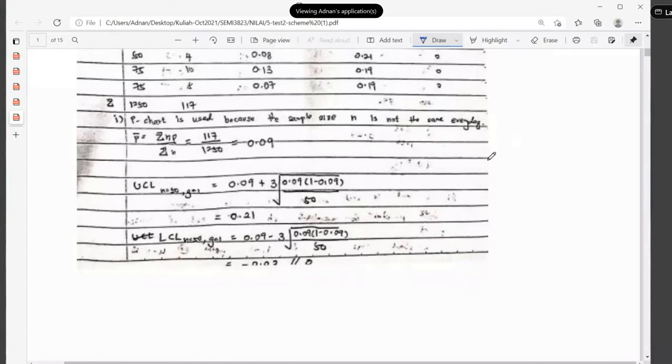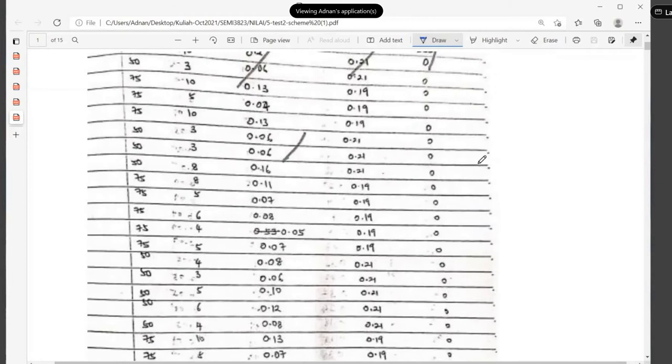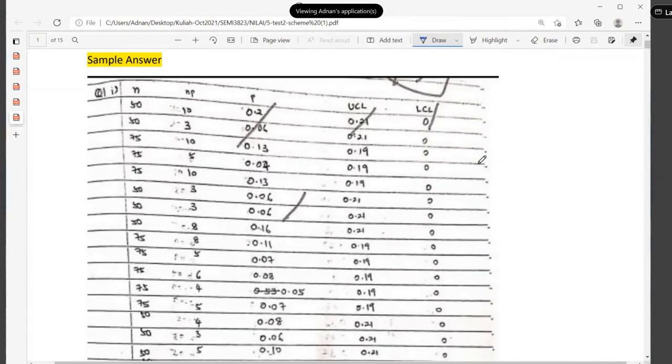Kena sebenarnya dua je UCL ni. Nampak yang banyak ni. This is N50, kan? Okay, this is UCL. When N is 75, this is N75. When the N is 50, again, use the same number. Sekali je kiranya.